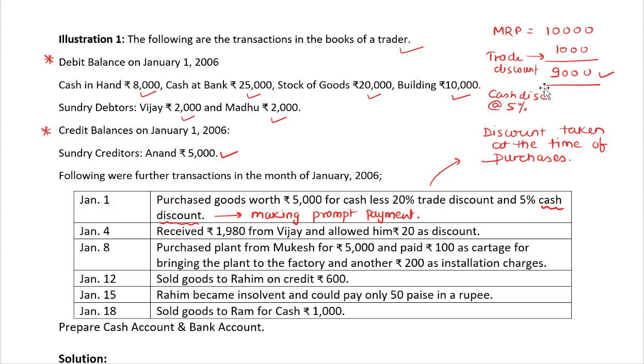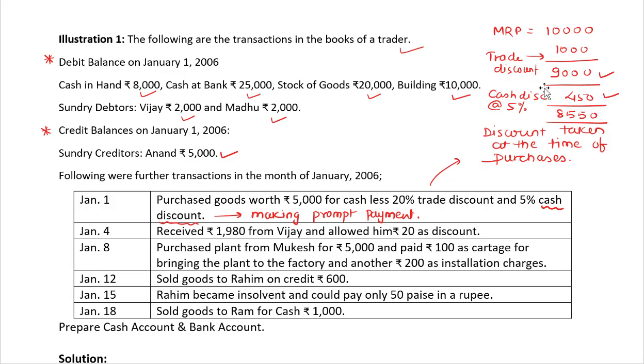So 5% of 9,000 is 450. That means if you make the payment, you will have bought this good at 8,550. My dear students, we'll be recording 9,000 as purchases made, and after we make the purchases, for making prompt payment, early payment, the shopkeeper had allowed us 450 discount.